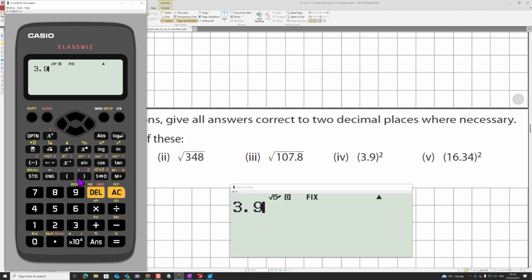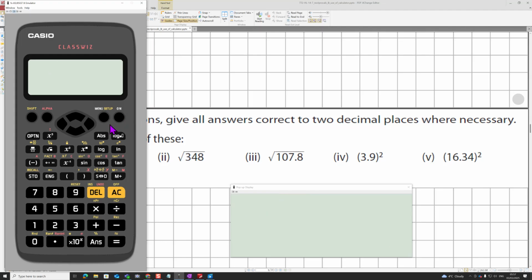So 3.9 squared equals, or if I wanted to go straight to decimal, 3.9 squared, shift equals, to go straight to decimal, and because it's terminating, its square will terminate.